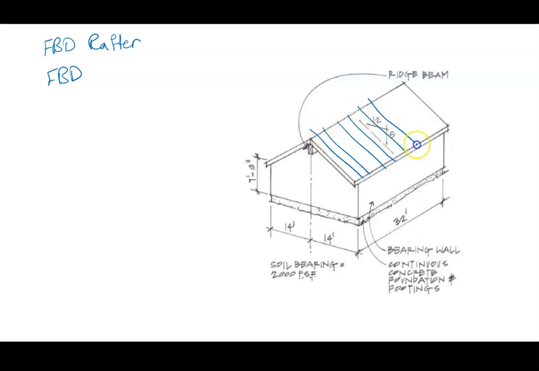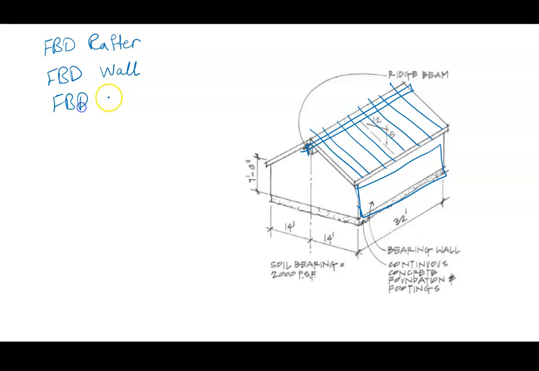Rafters are supported by the bearing wall and beam. So we did FBD of bearing wall, FBD of ridge beam, and then also FBD of column supporting the beam.